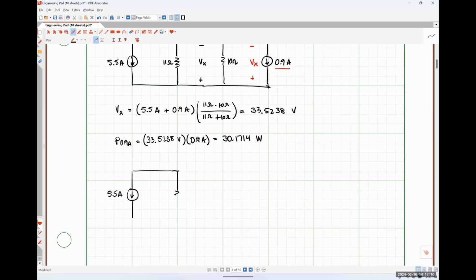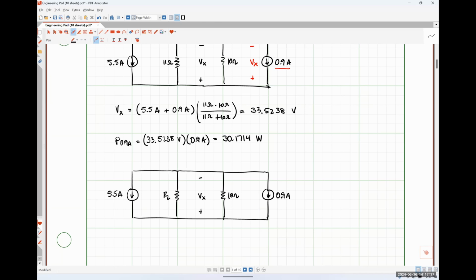Now we have RL, our 10 ohm resistor over here, and here we have a 0.9 amp source. We're not looking for this voltage Vx anymore in particular, but I'm just going to put it there.